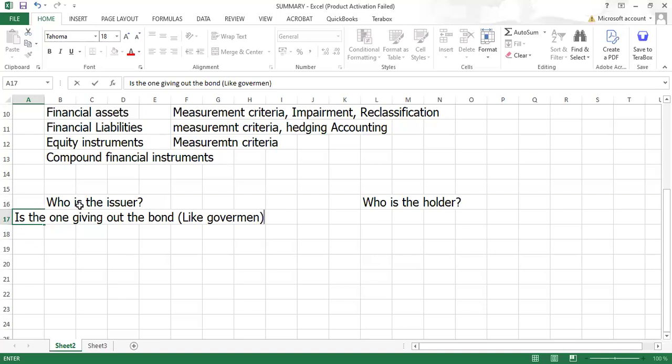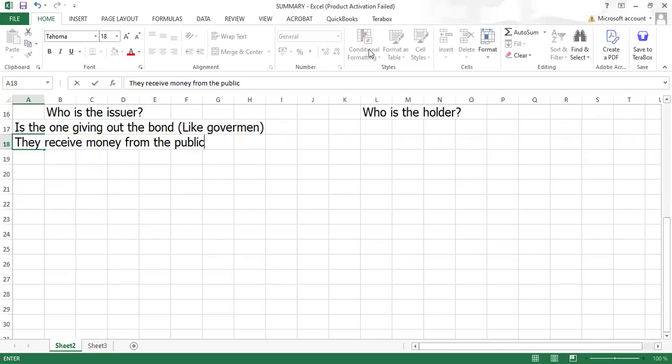Then that is the issuer, and of course they receive money from the public. They give out the bond and receive cash from the public. It's like they have borrowed money from the public. It's not the government's money.